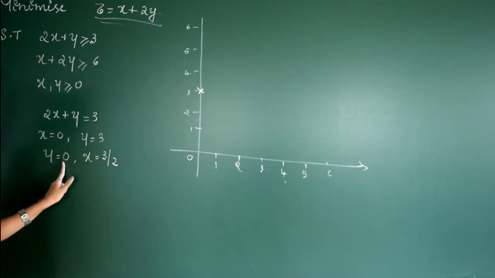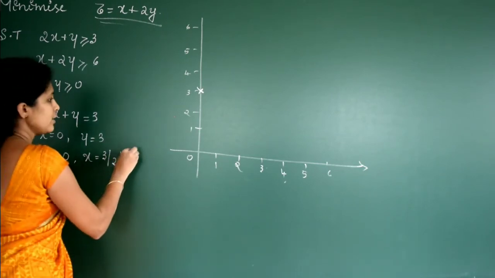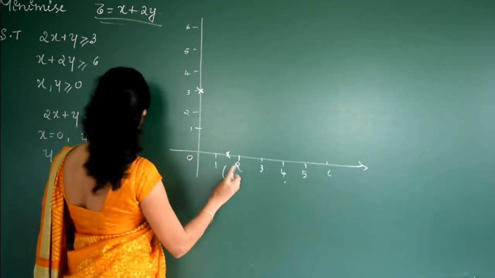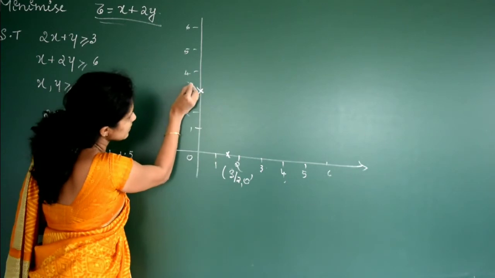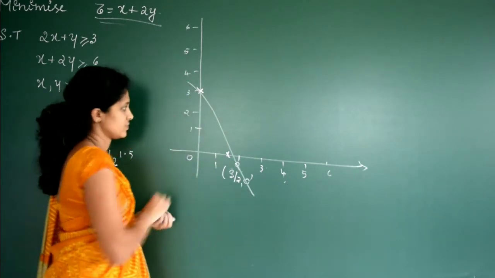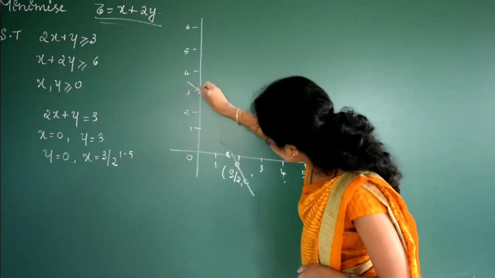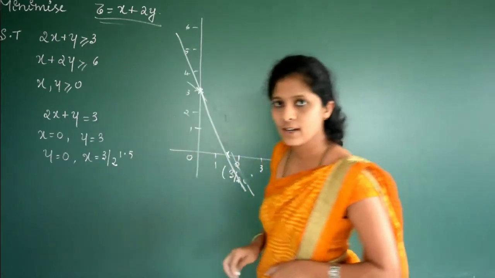Next, y is 0, x is 3 by 2, which means 1.5. So line will be like this, a straight line. So this is the graph of the first line.